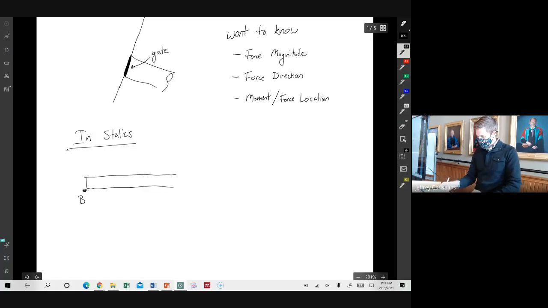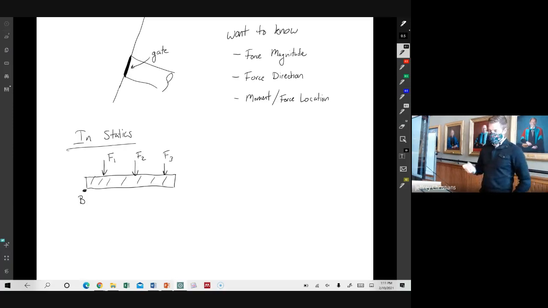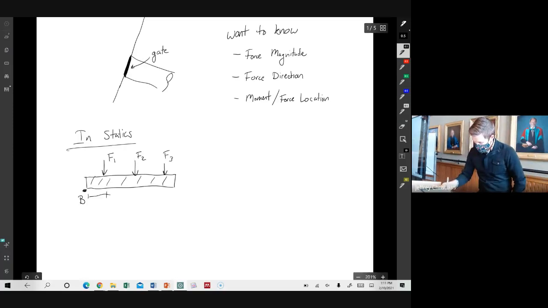And there's this beam, and we have, say, three forces, F1, F2, F3, which are acting on that beam. And we could characterize these by the location. So there would be x1, x2, x3.